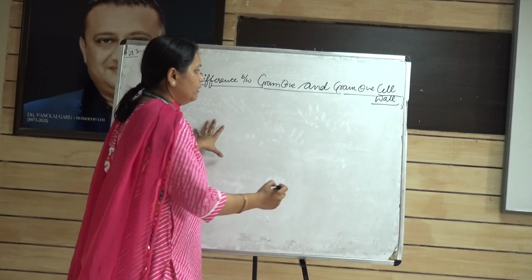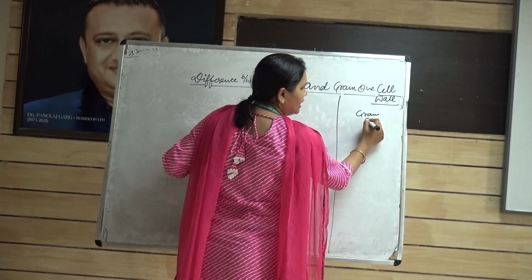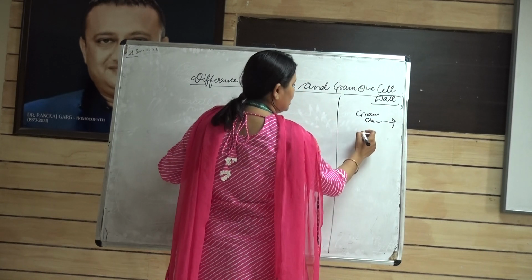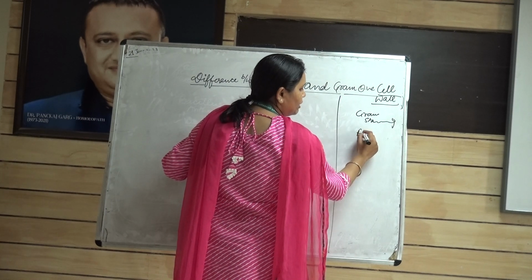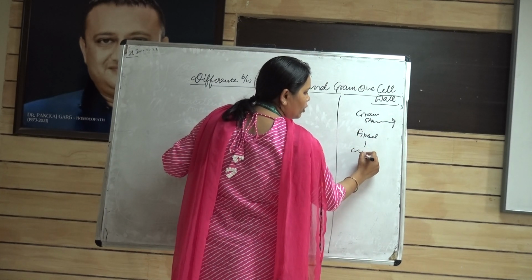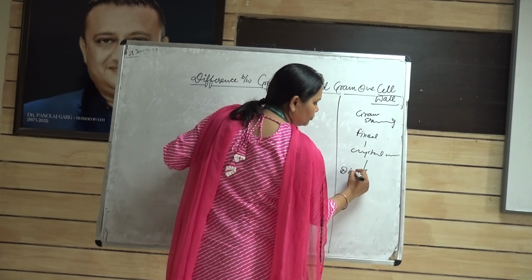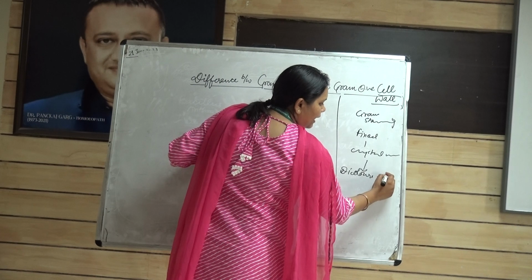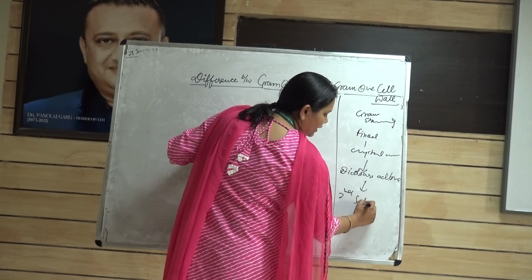Before that, we have to understand the gram staining technique. In gram staining, to the fixed smear we add the crystal violet, then decolorize with the acetone, and again add the secondary stain, that is the safranin.